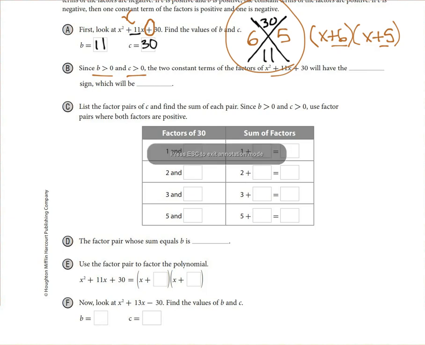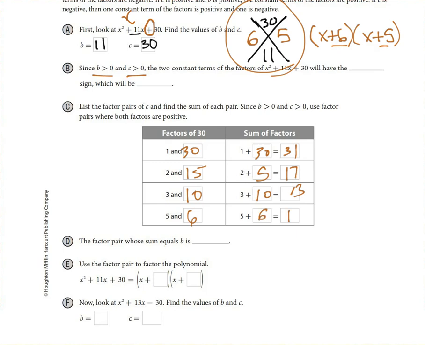Okay, and then part C, they do the factors. So you say 1 and 30. Well, of course, those two have a sum of 31. We got 2 and 15. Those have a sum of 17. 3 and 10 has a sum of 13, and then the 5 and the 6 combination is what we needed because they have the sum that we needed of 11.